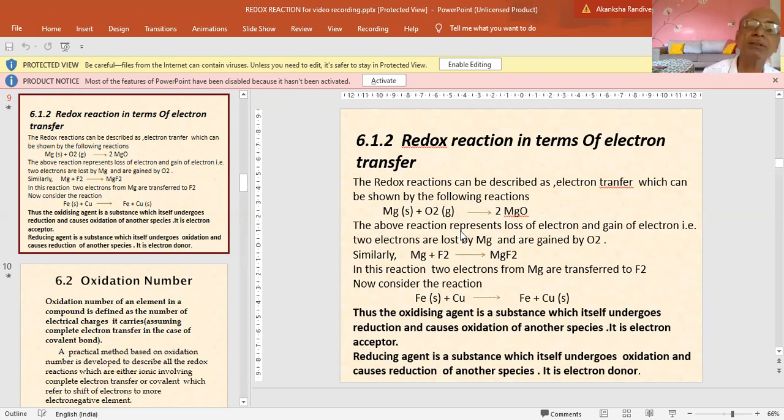Magnesium is a metal, oxygen is a non-metal. Generally, metals have a tendency to lose electrons and non-metals have a tendency to accept electrons, because metals are more electropositive and non-metals are electronegative.